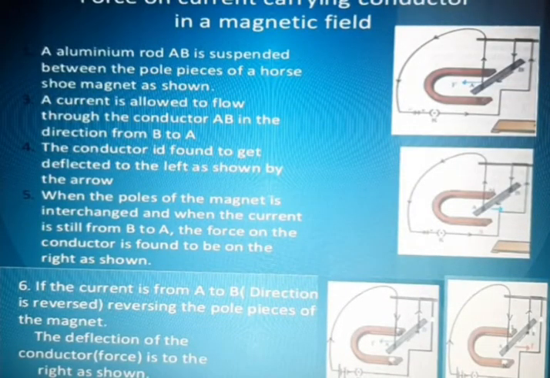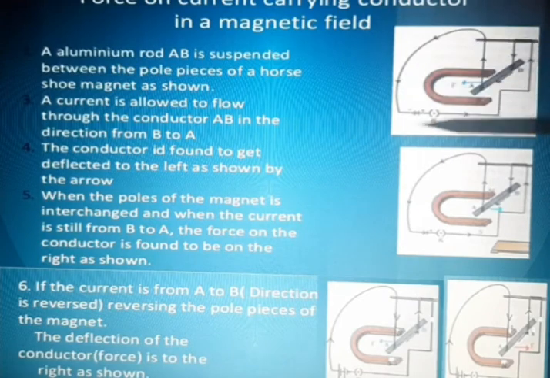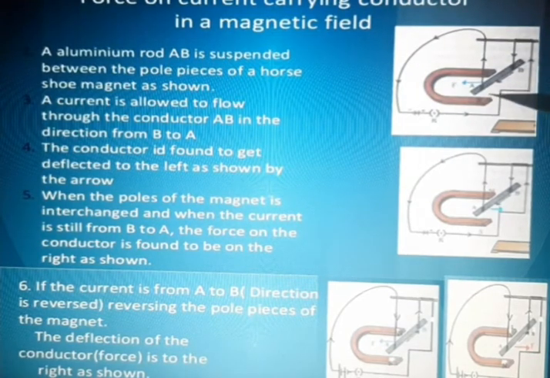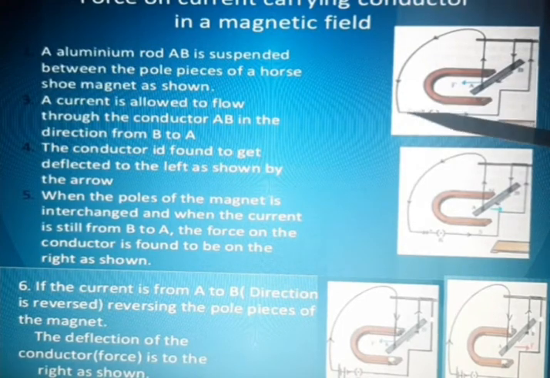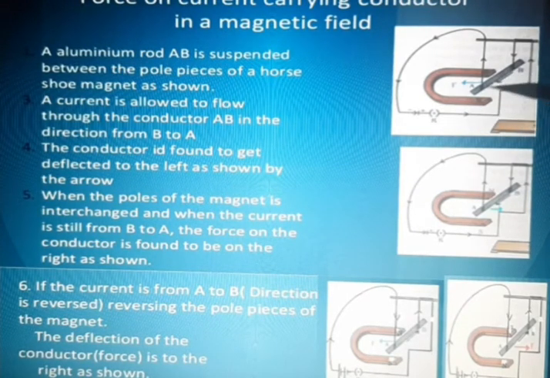Now we are going to learn about force on a current carrying conductor in a magnetic field. First, let us observe this picture. It contains a conductor AB connected to the two ends of a battery. So when the switch is closed, electricity flows in this direction through the conductor.